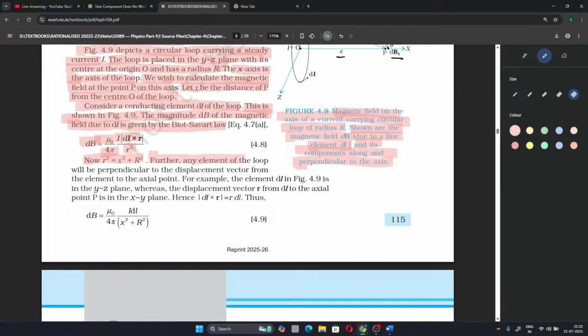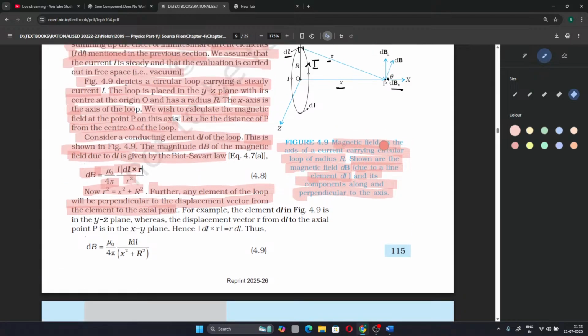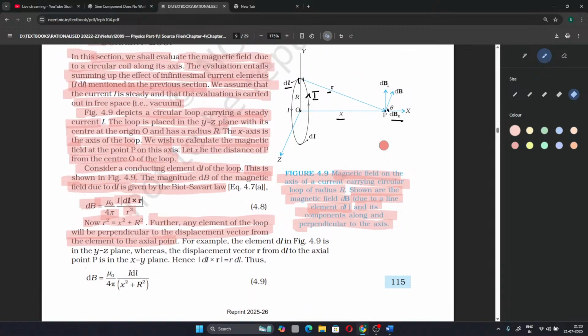Further, any element of the loop will be perpendicular to the displacement vector from the element to the axial point. They're saying any element of the loop will be perpendicular to the displacement vector from the element to the axial point.